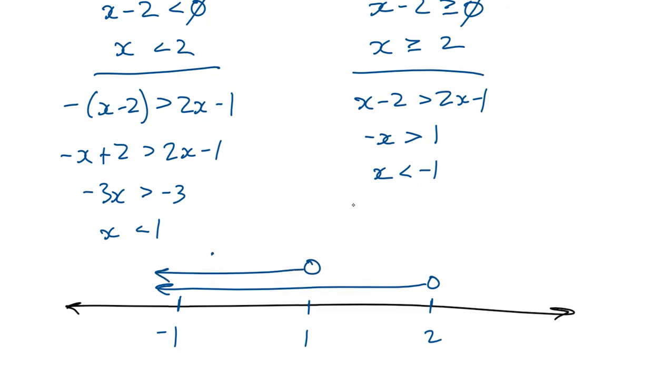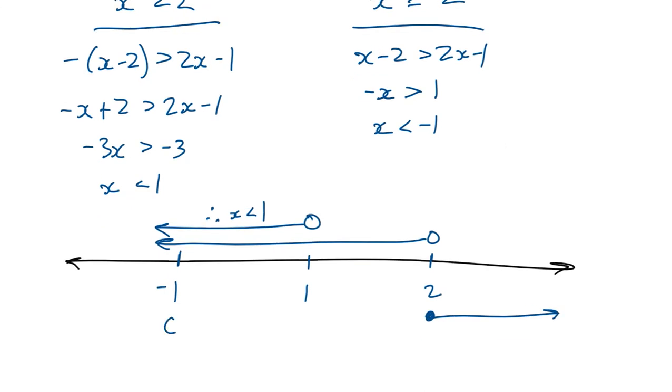So where do they overlap? And then the second one, values greater than or equal to 2. And values strictly less than negative 1. They don't overlap. Right? Pointing different directions, starting in different places, don't overlap.